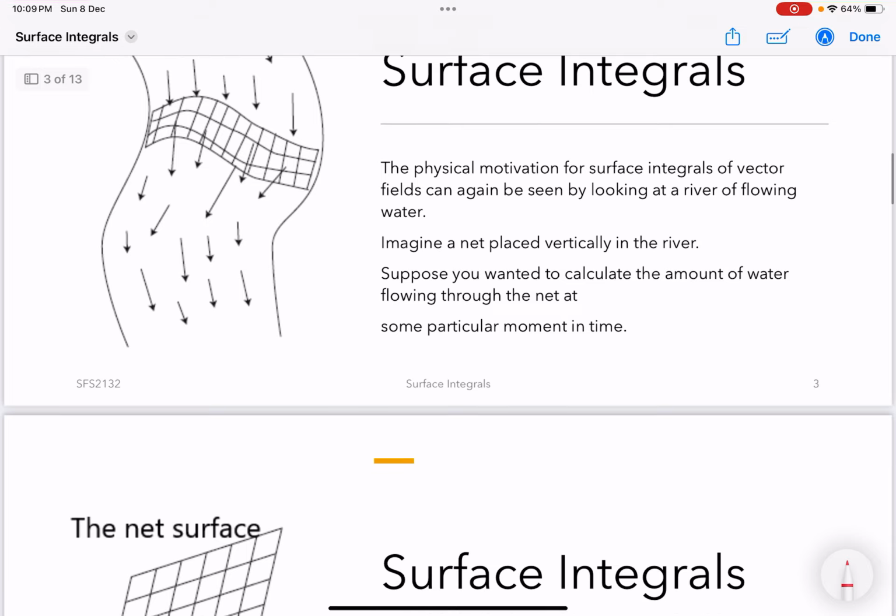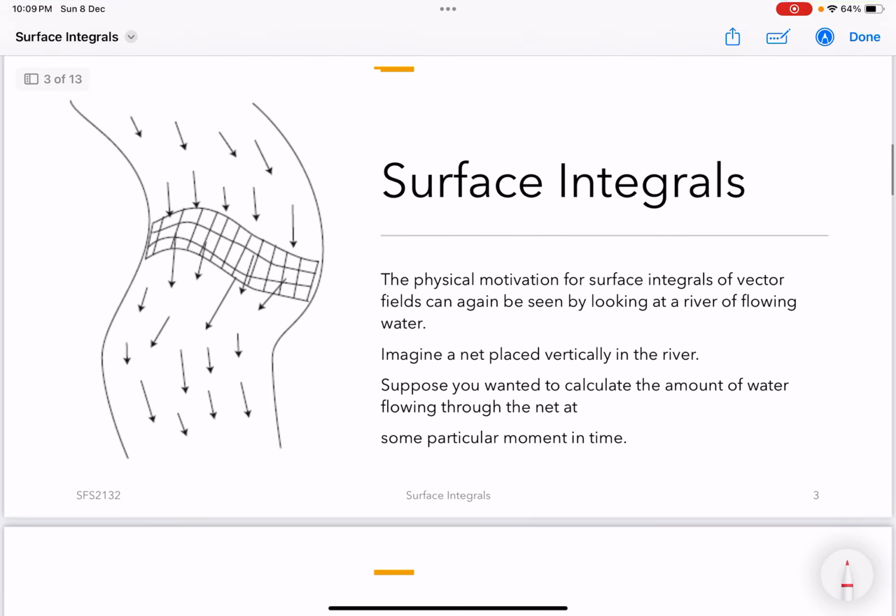So for this case, because we are talking about the surface, we need to imagine that we place a net vertically to the river. So this is a river, and this is a net. The net direction should be vertical, perpendicular to the direction of the water flow.